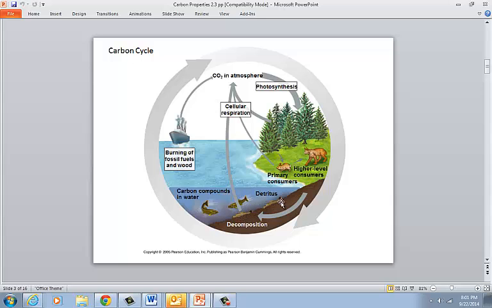The fish and the other benthic organisms, the trees and the animals, all go through cellular respiration and return carbon dioxide back into the atmosphere. And of course, burning fossil fuels does as well. And then it just continues in the cycle of life.